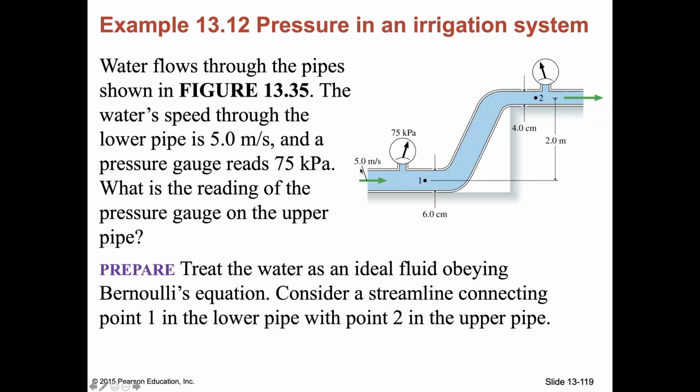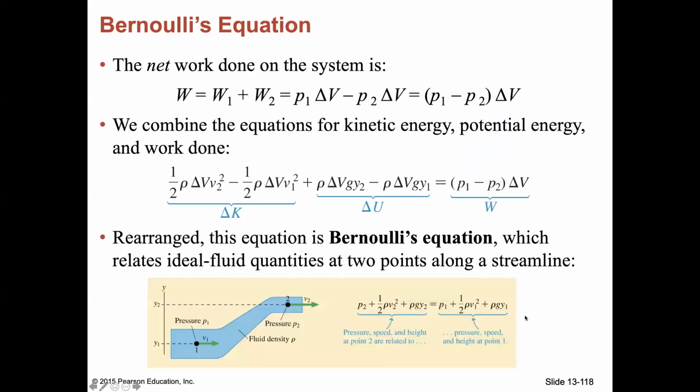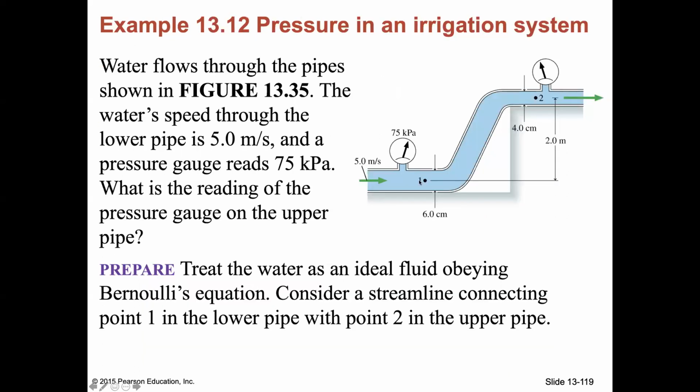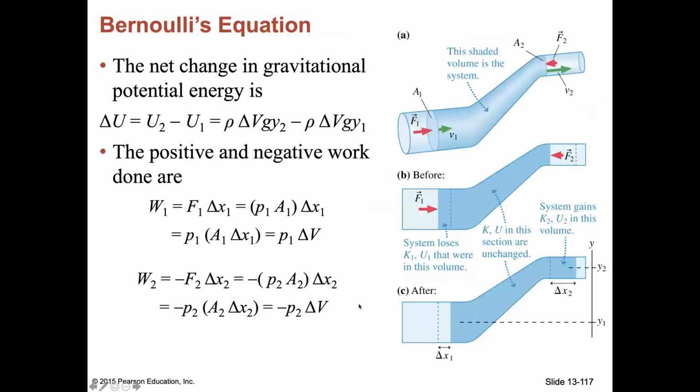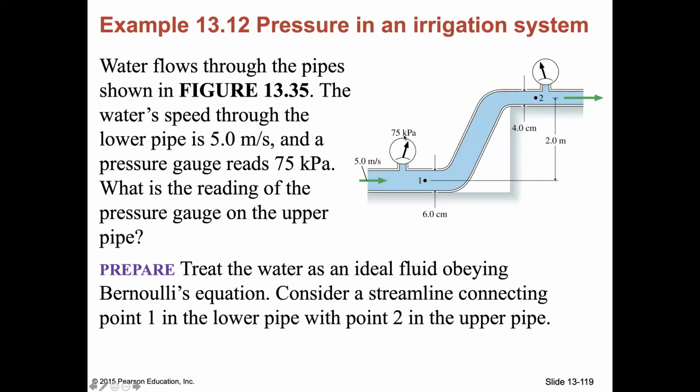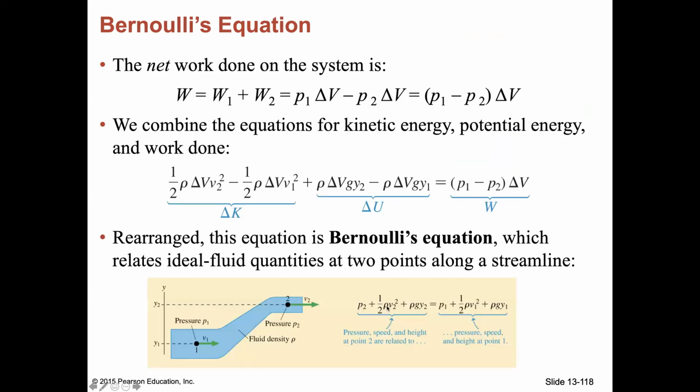From here, we know P plus 1/2 rho V squared plus rho g y is a constant. Now let's take a look at the two locations. At the beginning location, do we know P? Yes. We know the pressure, which is 75 kPa. And do we know rho?